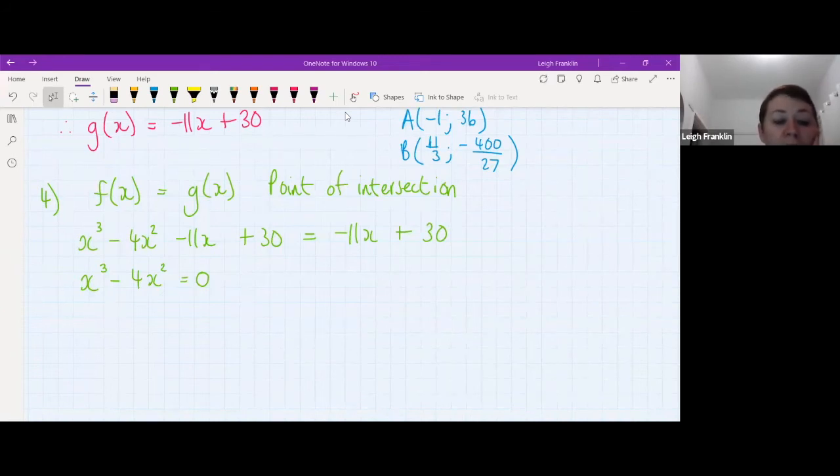Quite right. Yes, x is a factor. You're quite right. X is a factor, but x squared is the highest common factor. Okay, so we're going to take out, indeed, Yolisva, we're going to take out x squared. Okay, and that's going to leave us with x minus 4 equals 0.